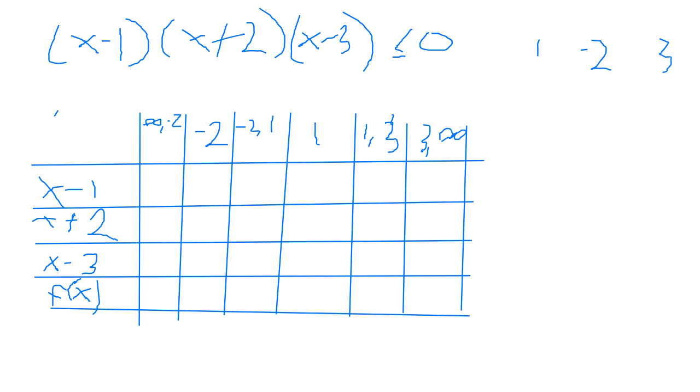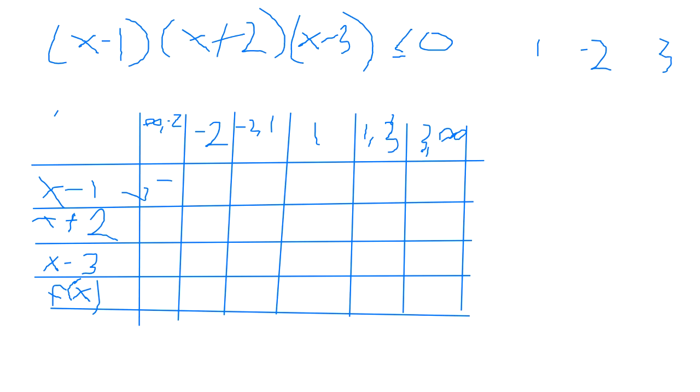Okay, good. Pick any number between negative infinity and negative 2. Can you give me one number? Negative 3. Good. If I put negative 3 in place of x in x minus 1, what will I get? Negative 4. When I put it in x plus 2, I get negative.